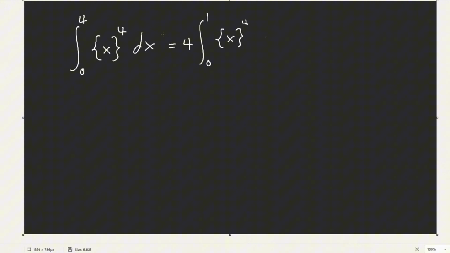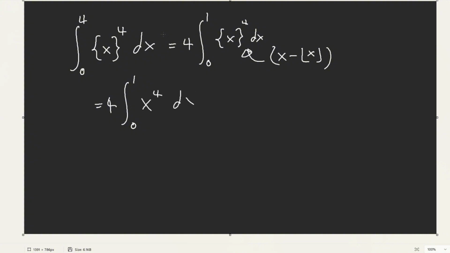What I really love about this is that the fractional part of x is x minus floor of x. What is the floor of x between 0 and 1? 0. So this is equal to 4 times the integral from 0 to 1 of x to the 4th.